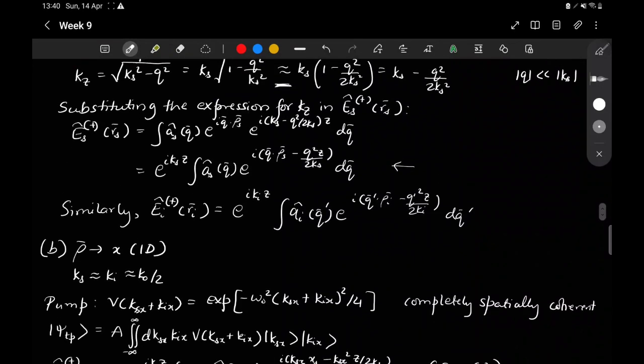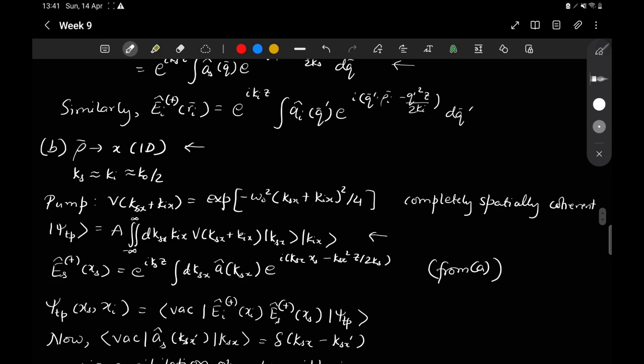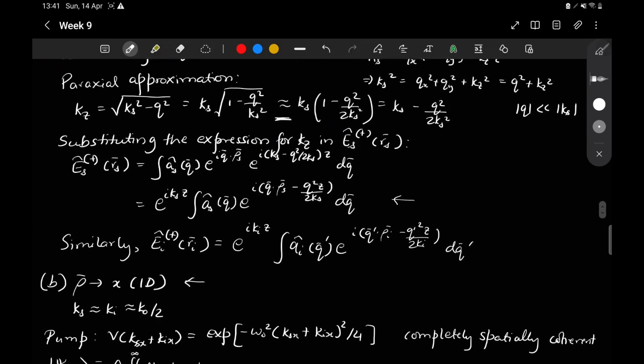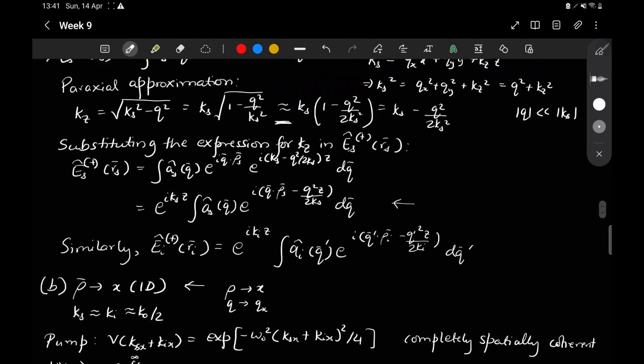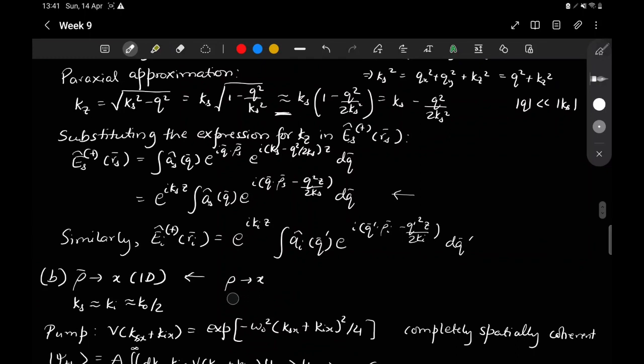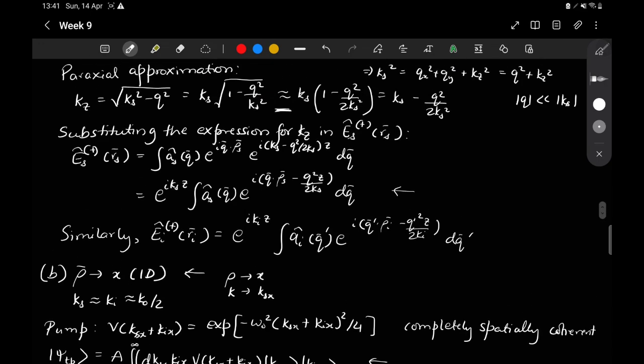Now we will make use of these field operators to find the two-photon wave function. So this is the expression that we are given, and this is for 1D. So we replace rho with x and q with kx. 1D means we are replacing rho with x and k with simply ksx, the x component, which is essentially qx.